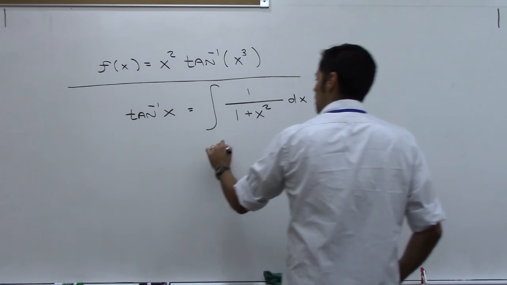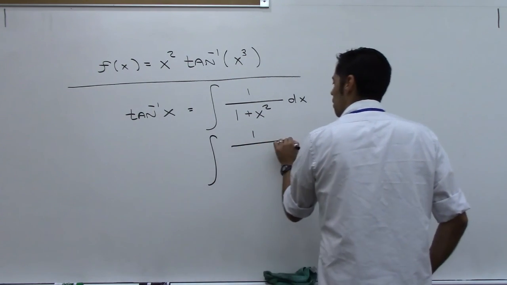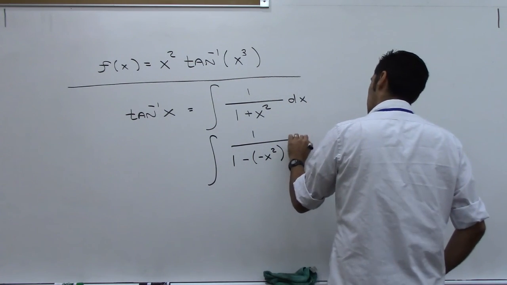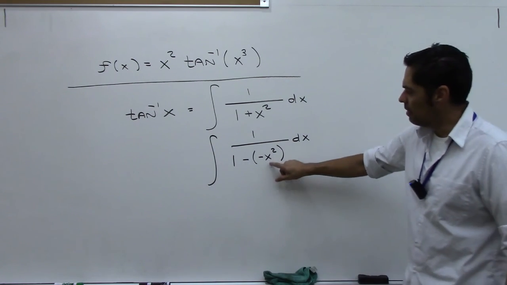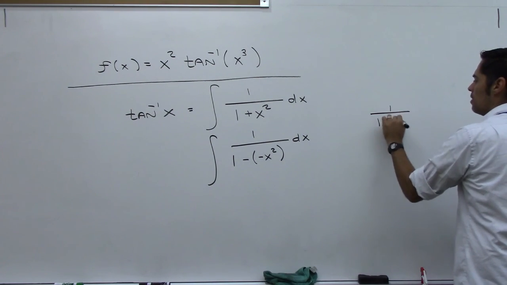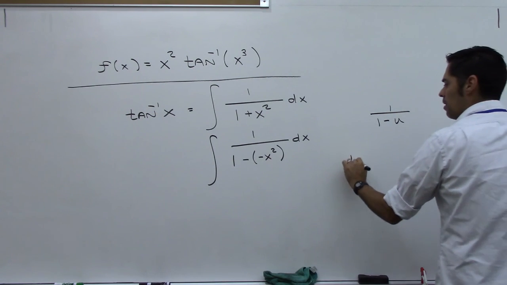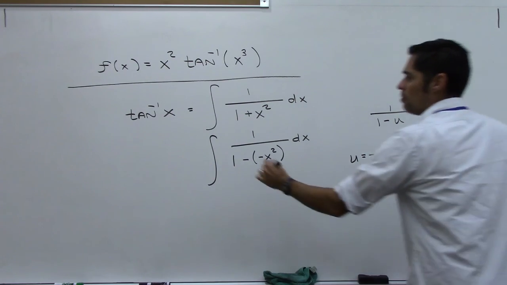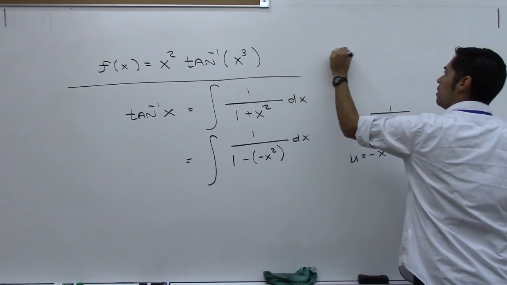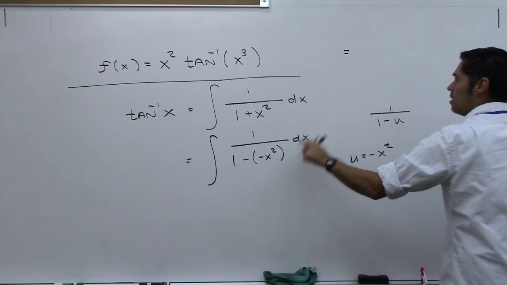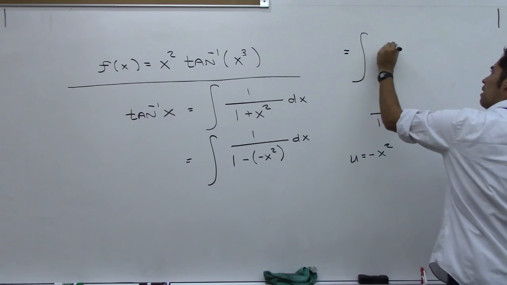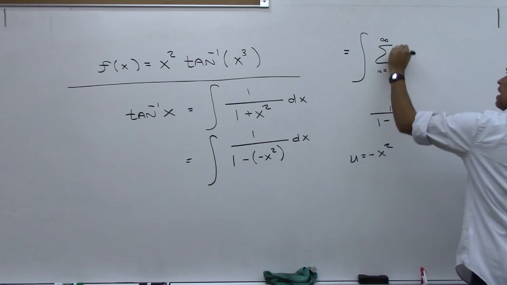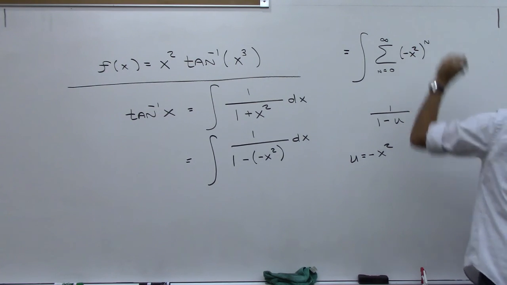And this right here can be rewritten as 1 over 1 minus negative x squared dx. This does have the form of 1 over 1 minus u, where u for us here would be negative x squared. So I should be able to rewrite this as the integral of the sum n equals 0 to infinity of negative x squared to the n.